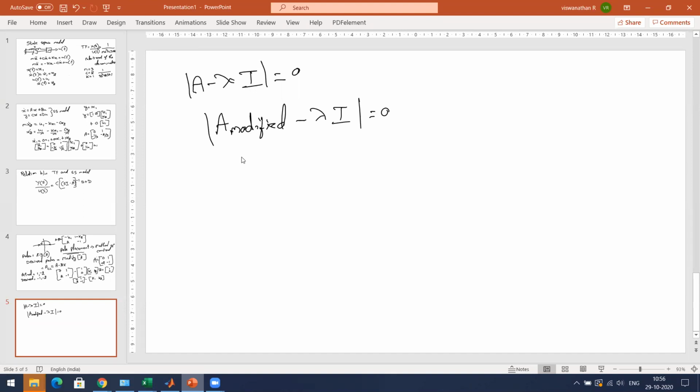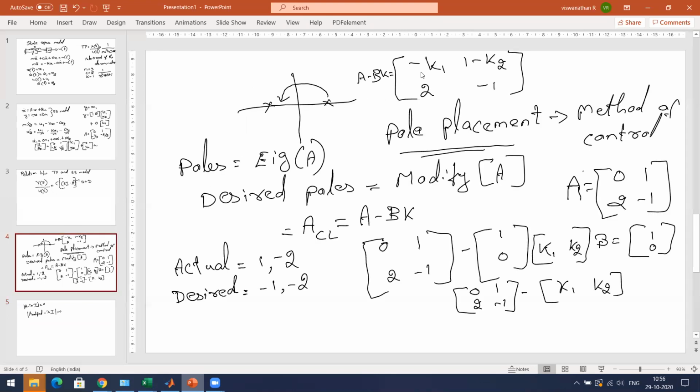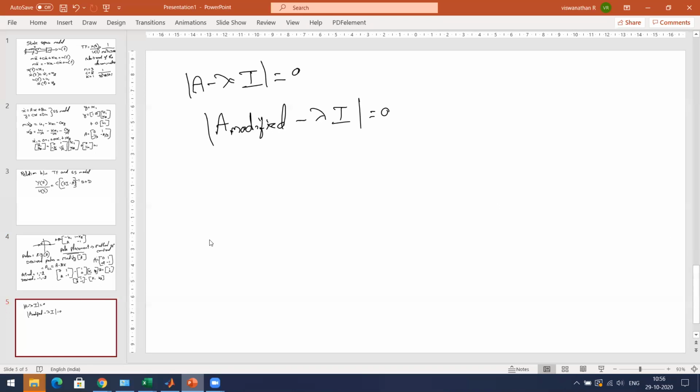eigenvalues. So for that, you have this A minus BK, that is the modified matrix, minus K1, 1, minus K2, 2 and minus 1. If you put it in this form, it will be minus K1 minus lambda, 1, minus K2, 2, and minus 1 minus lambda.